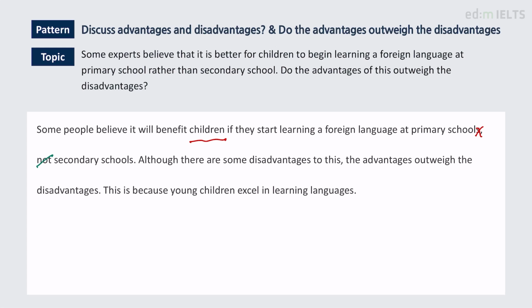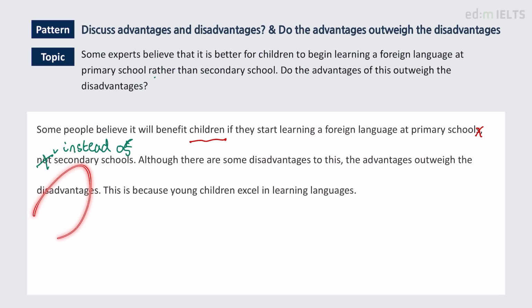Not is not good. It's more like a very informal speaking style. I can understand the writer doesn't want to repeat rather than in the question. So I'll say instead of. Or I could say as opposed to or something like that. Again, I shouldn't say something too informal as an alternative to that. Although there are some disadvantages to this, it's very repetitive, isn't it?